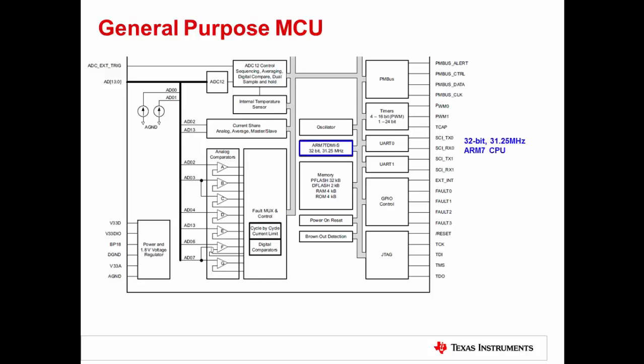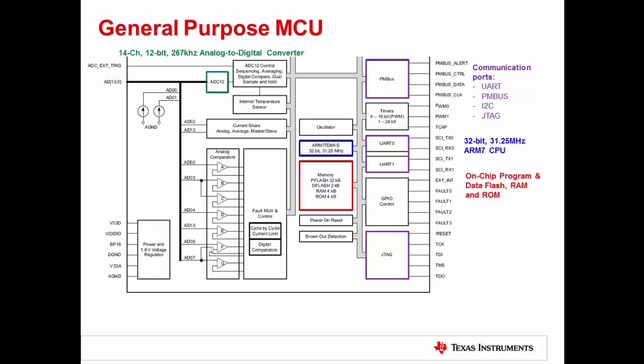As mentioned earlier, the device features a 32-bit ARM7 processor, on-chip memory by way of program flash, data flash, RAM and ROM, and multiple communication ports such as UART, PMBus, I2C and JTAG. And what's really interesting is that this device features a fourth A to D converter. Why fourth?